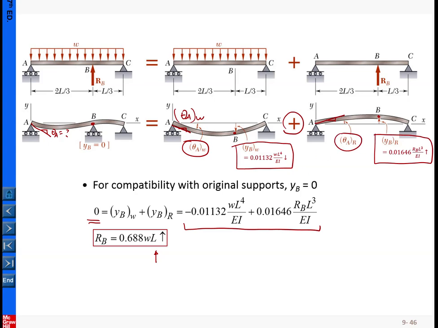So theta A of the original one, again using the superposition principle, equals theta A, this number, plus this number. Okay, so as long as we have the description for this one, then we can find out the result. So the remaining slides are to answer what is this and what is this.